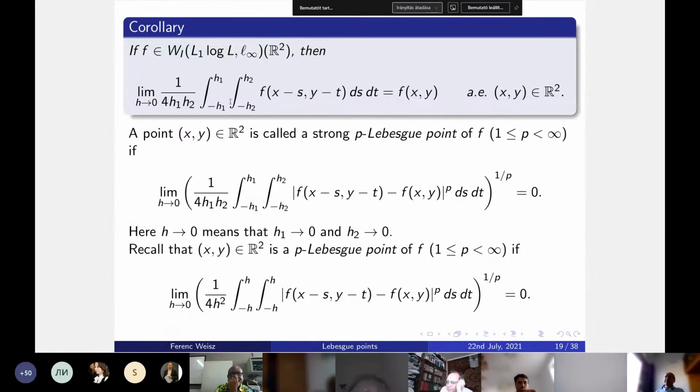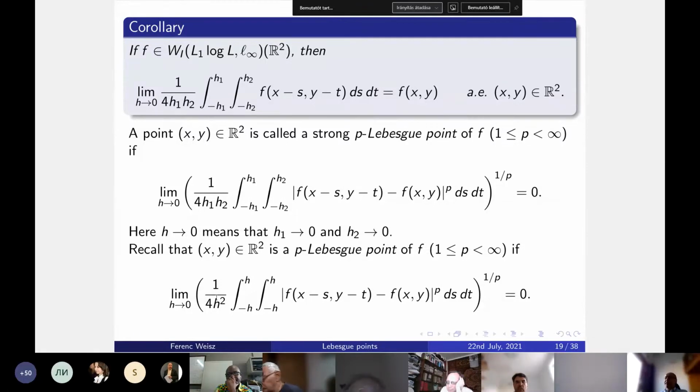Here we integrate again over rectangles and divide by the measure of the rectangle. A point (x,y) is called a strong Lebesgue point if this limit is equal to 0. h tends to 0 means that both coordinates h1 and h2 tend to 0.